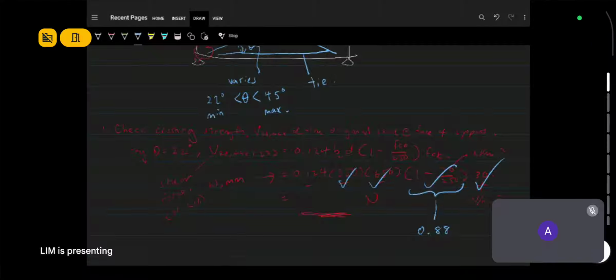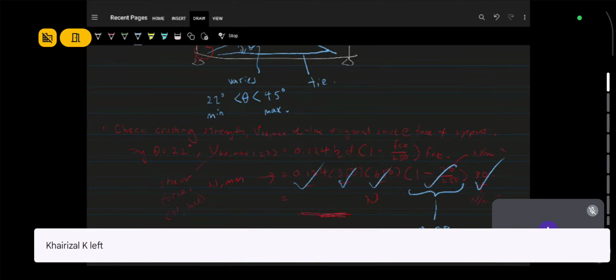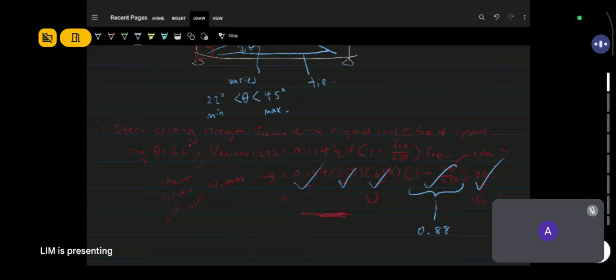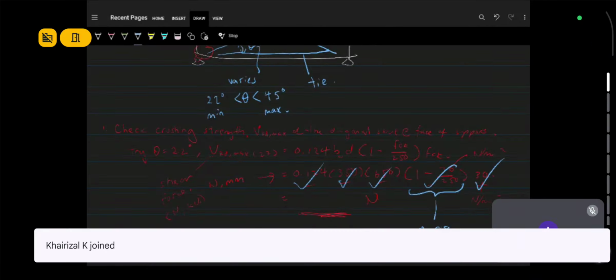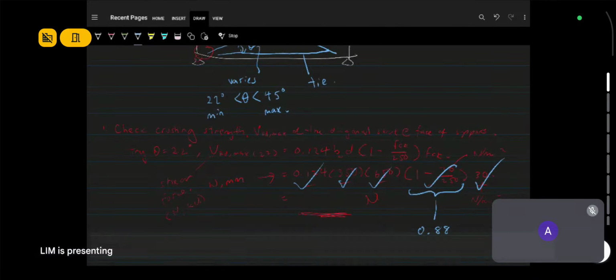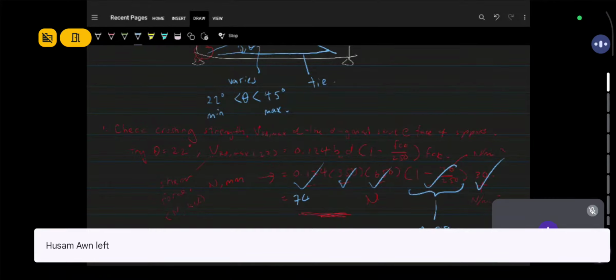How much? 6000. Agree? Yes. Last times 0.124. How much? 744, correct.